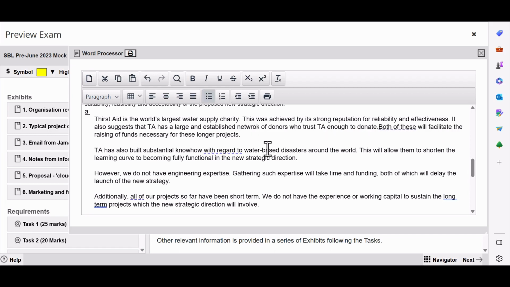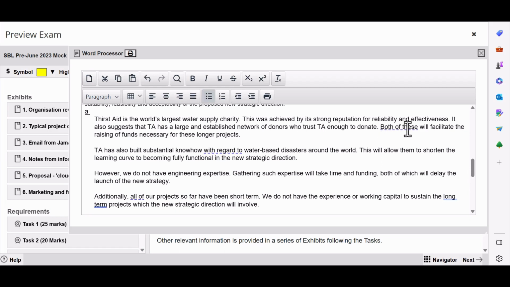So because of that, when they think about their new direction, because of their reputation and their established network of donors, it's likely to mean that they will find it easier to raise the funds for the new strategic direction.